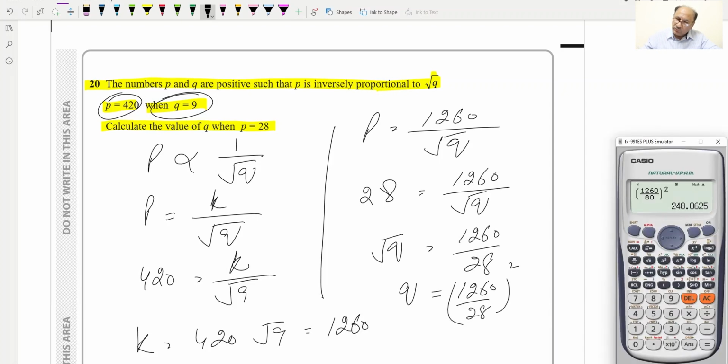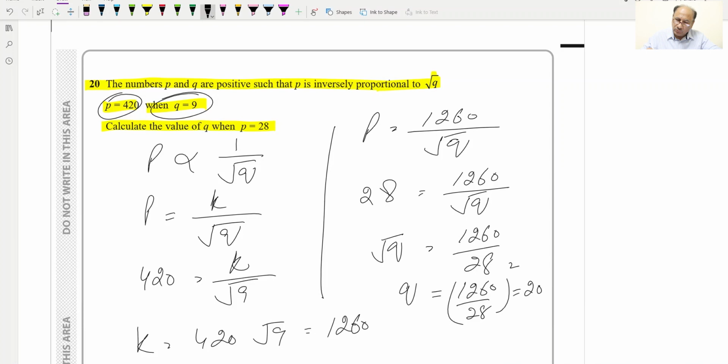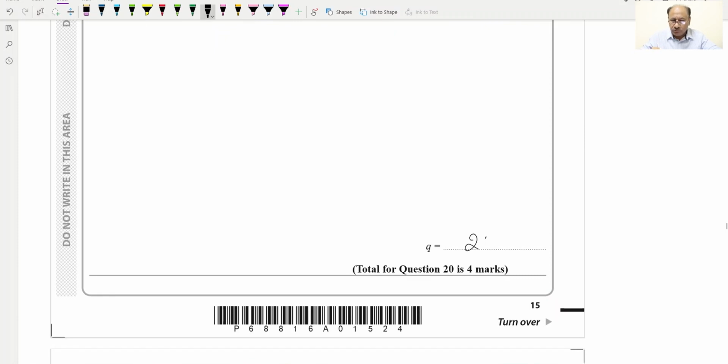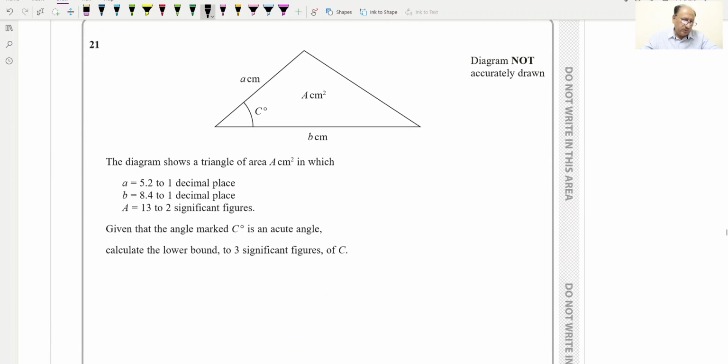So this is 2025. So 2025 will be the Q value, which we can provide over here, and this is a 4-mark question which we are done.